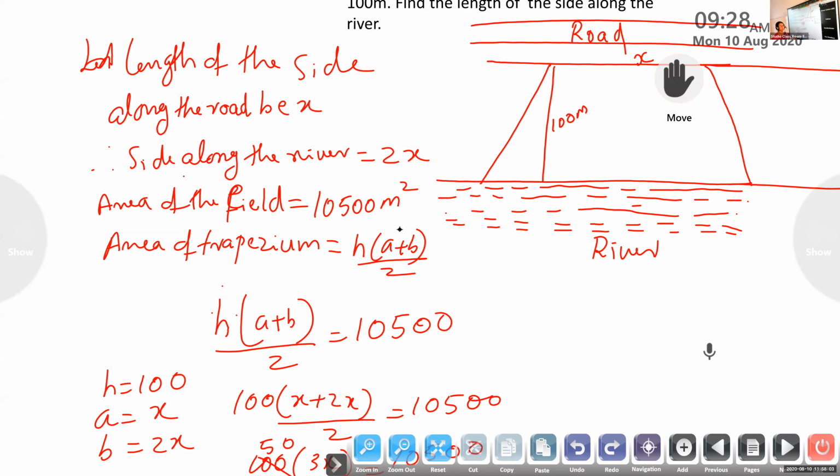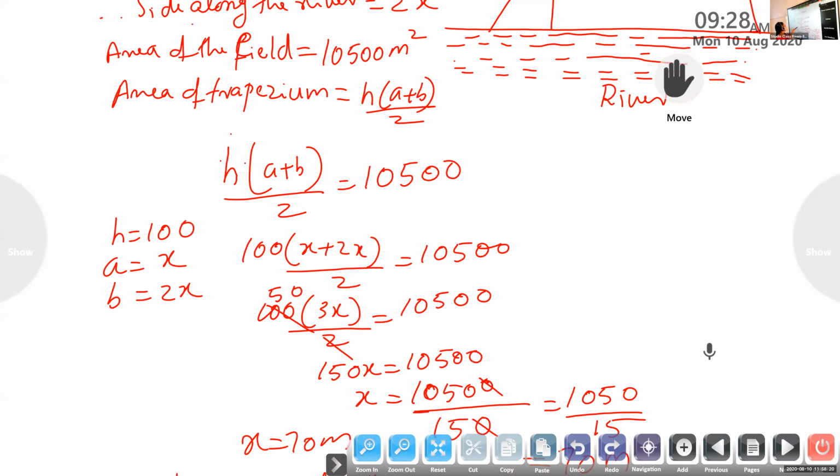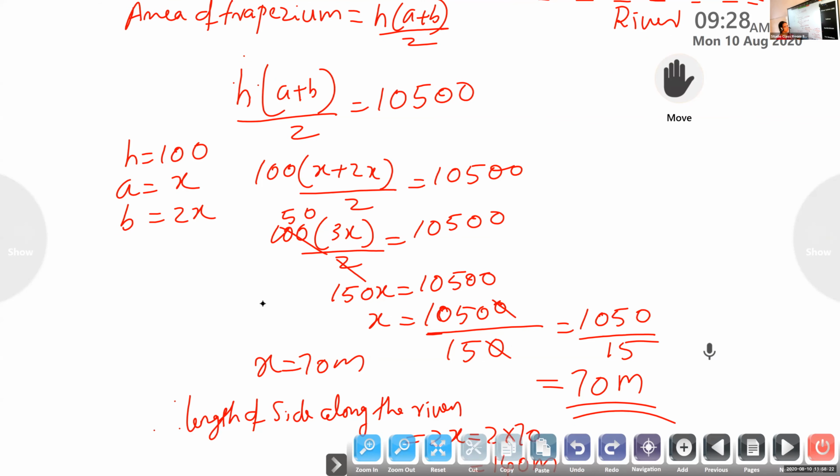So 100 into x plus 2x, where a and b are x and 2x. Adding, we get 3x by 2. 2 we can cancel, 50 times in 100. So 50 into 3x, then it is 150x. So x equal to 10,500 divided by 150. Cancel zeros. x equal to 70.